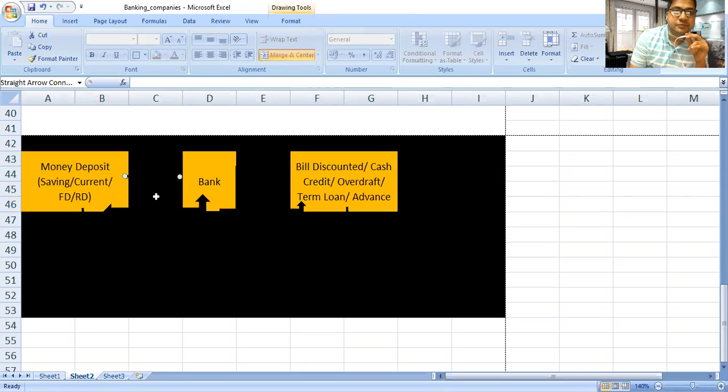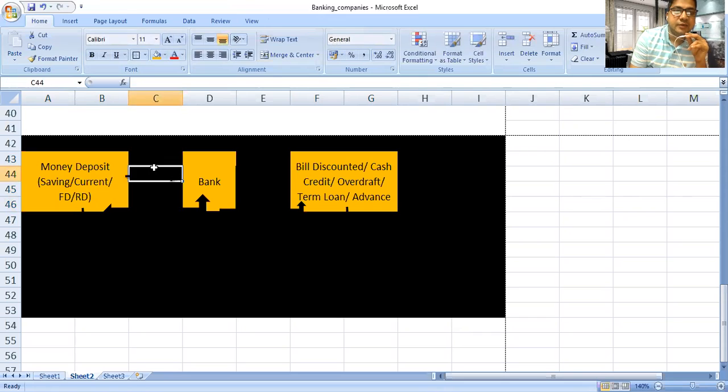So this particular activity is accepting the deposits and providing the loans.